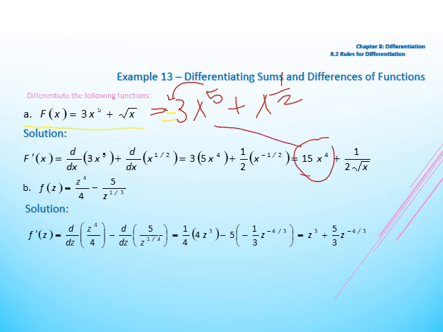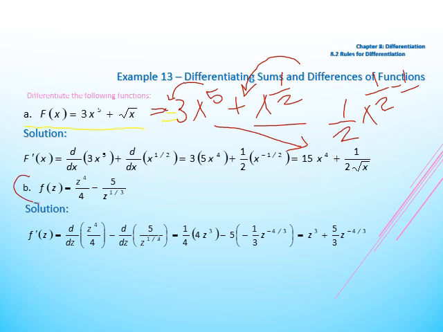So the derivative is 15x to the power 4, plus, for the second term, 1 over 2 times x to the power half minus 1, which is x to the power negative 1 half, equal to 1 over 2 root x. This is the final result of this differentiation.